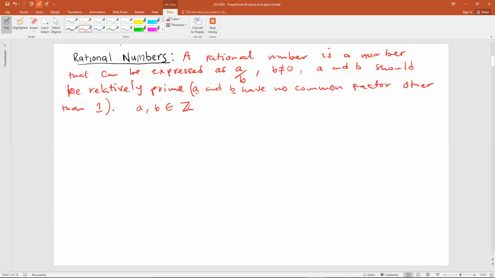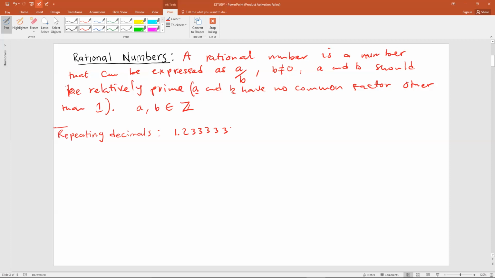So now we are going to look at what is important when it comes to rational numbers. We have what we call repeating decimals. An example of a repeating decimal is 1.23333.